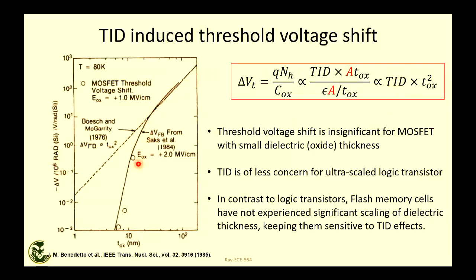Now, actually, you see this open symbol, this is a measurement symbol. They see, okay, if your oxide thickness is below, say 10, so 5 nanometer, 4 nanometer, this is 1, 2, 3, 4 nanometer, you see even much less shift in threshold voltage. Can anyone tell me why? This is the predicted, that says if this is the number of holes, this is your threshold voltage shift. But in reality, you see even lower VT shift.